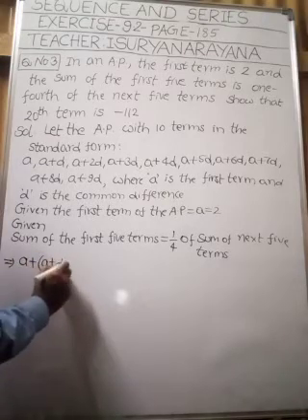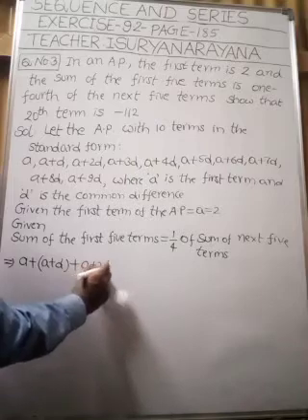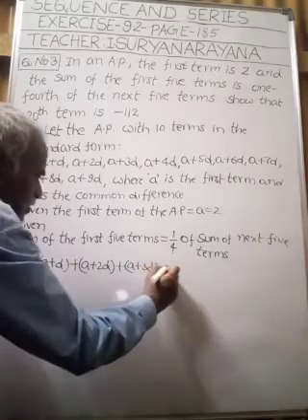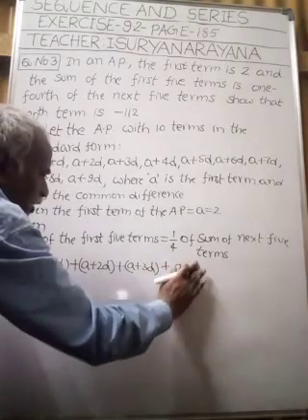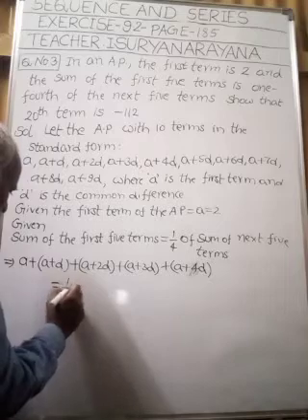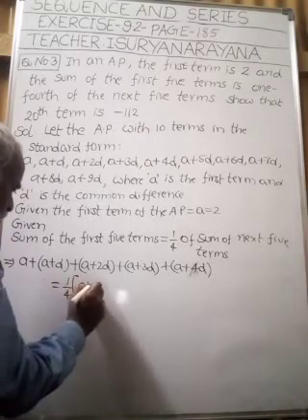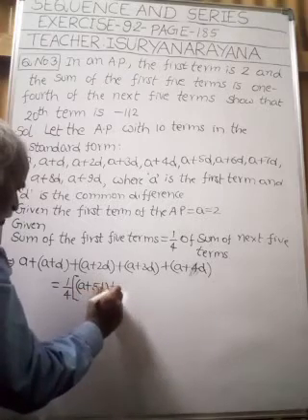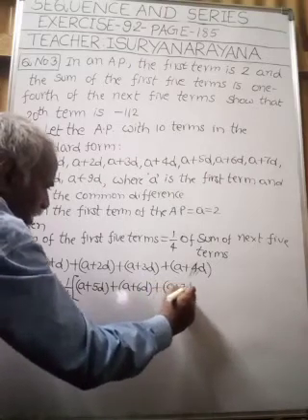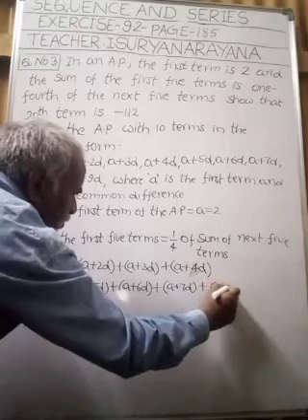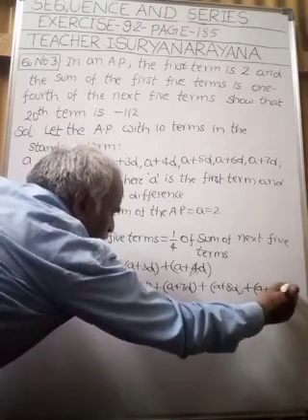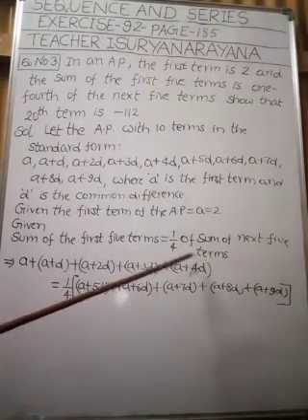A plus D plus A plus 2D plus A plus 3D plus A plus 4D is equal to 1 by 4 of A plus 5D plus A plus 6D plus A plus 7D plus A plus 8D plus A plus 9D, which is 1/4 of the sum of the next five terms.